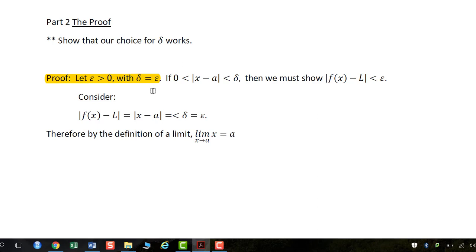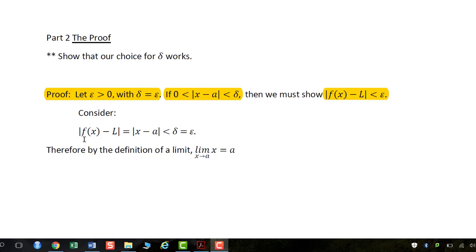In this case, delta equals epsilon. Then we write if the absolute value of x minus a is between 0 and delta, then we must show the absolute value of f of x minus L is less than epsilon.